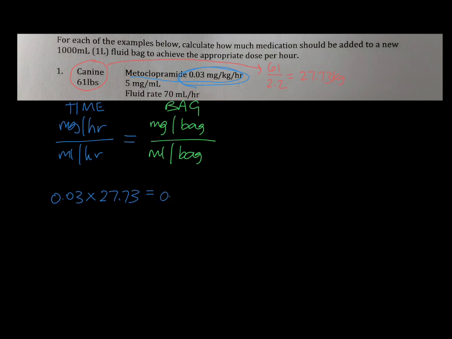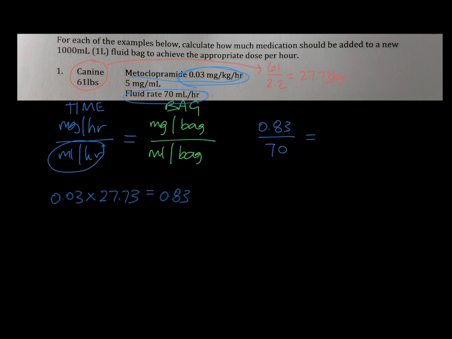That is 0.83 milligrams per hour. So I'm going to rewrite this equation with some of my numbers in it. 0.83 over mLs per hour, and I'm given that information. The doctor will give me that. In this case, it is 70. So I'm going to put that over 70.